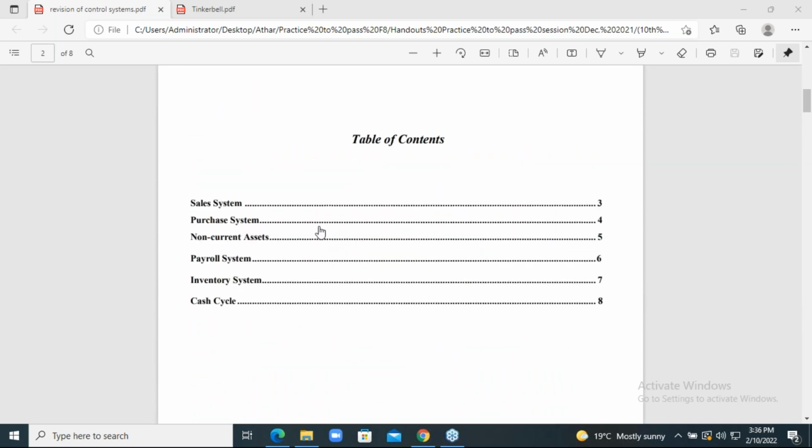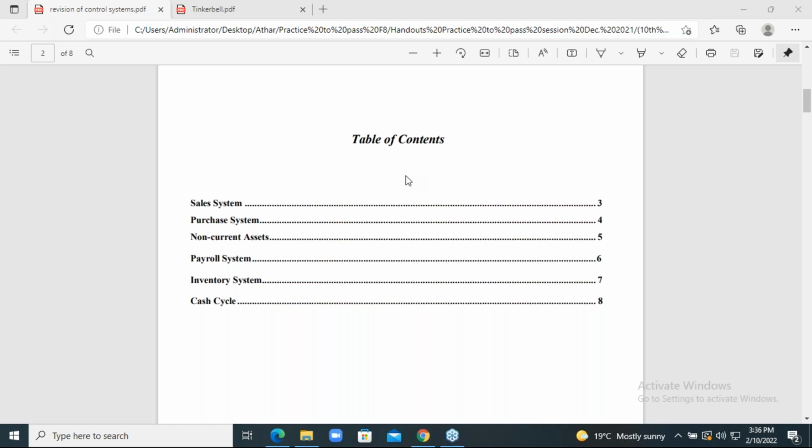To start with, you must understand that there are these 6 control systems prevailing at every organization: sales system, purchase system, non-current asset systems, payroll systems, inventory systems, and cash systems.